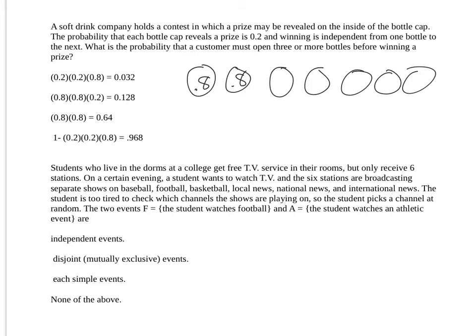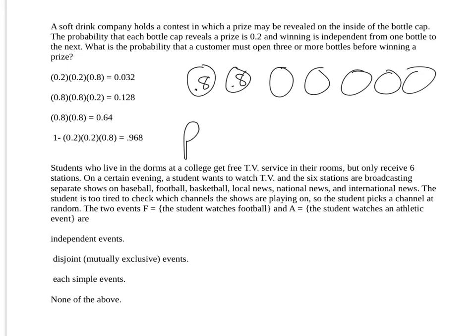And when we're using probability, and we're assuming that these are independent, see, probability of winning is independent from one bottle to the next, that means that if we want to compound these probabilities, all we have to do is simply multiply them, right? So just a quick refresher. Here's the definition of independence.